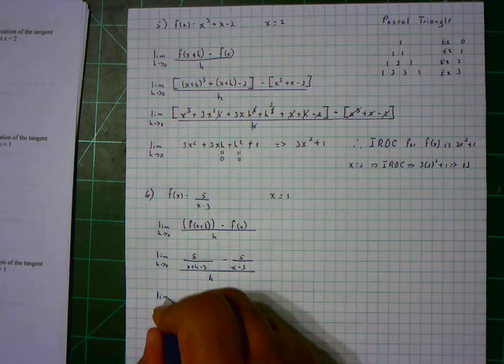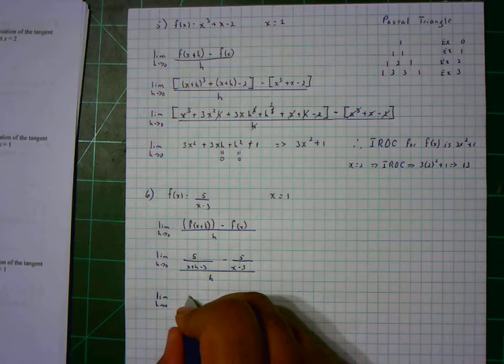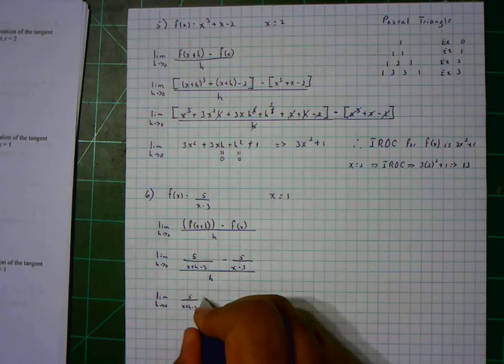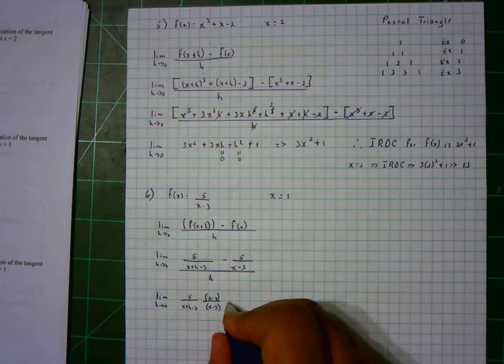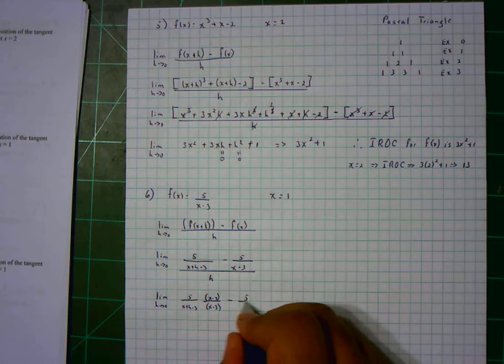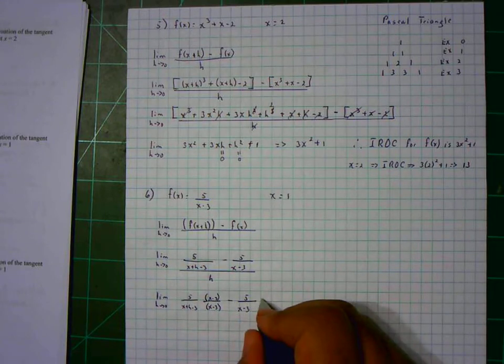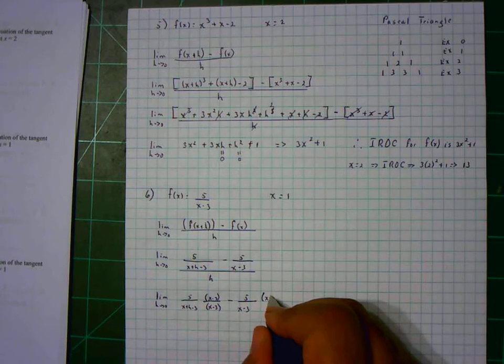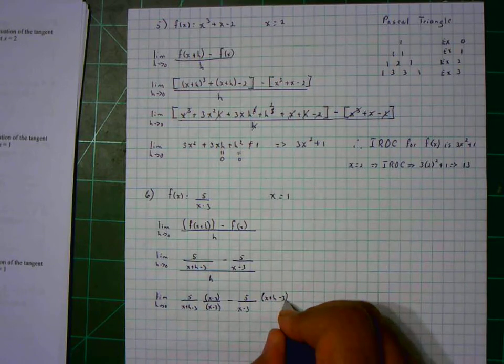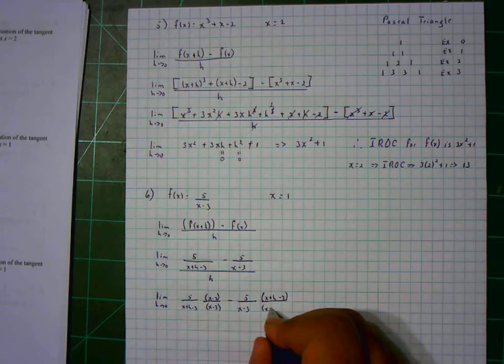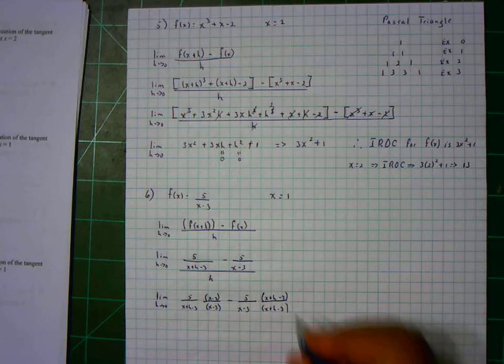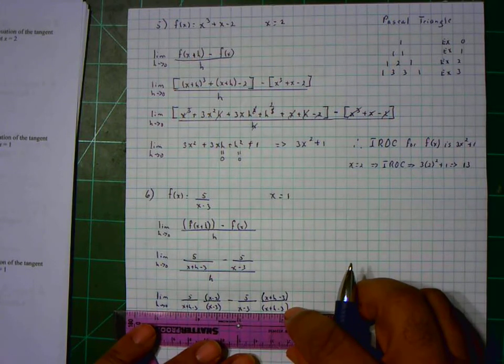So to get a common denominator, I'm just going to multiply each term by the opposite denominator. 5 over x plus h minus 3 times x minus 3 over x minus 3, minus 5 over x minus 3 times x plus h minus 3 over x plus h minus 3. Now don't forget, all of this is still divided by h.